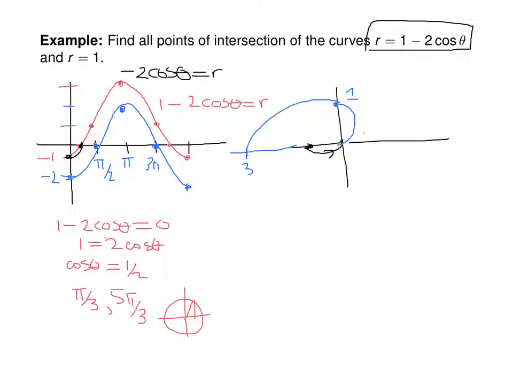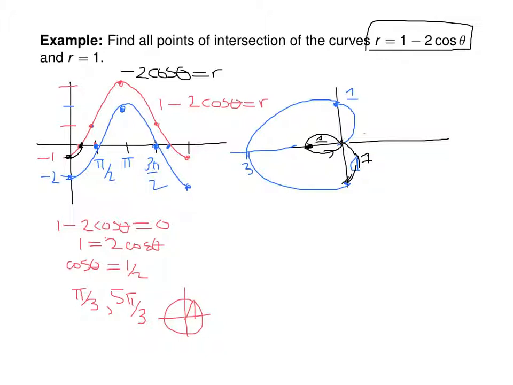By 3 pi over 2, we're back at 1. And then by that 5 pi over 3, we'll be back at 0, and we'll finish off that sideways cardioid. Okay, and recall that this distance was 1 and this distance was 1.